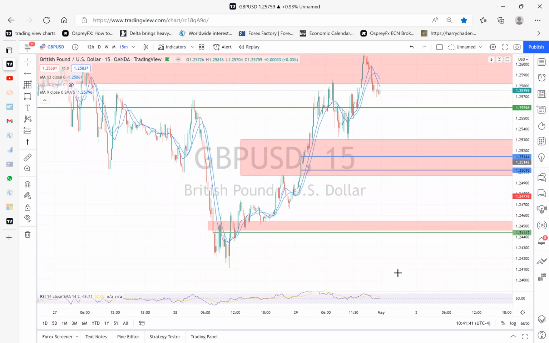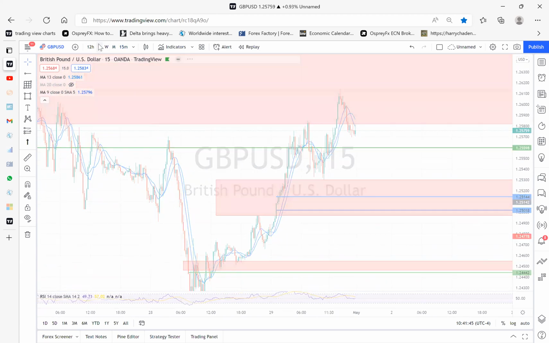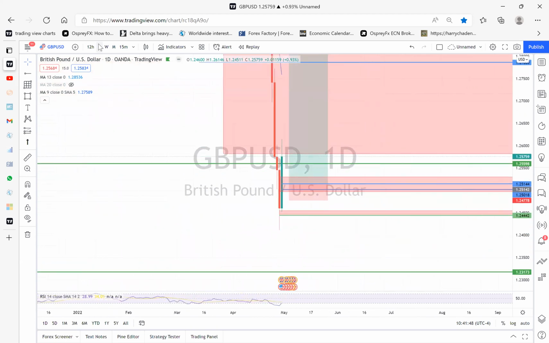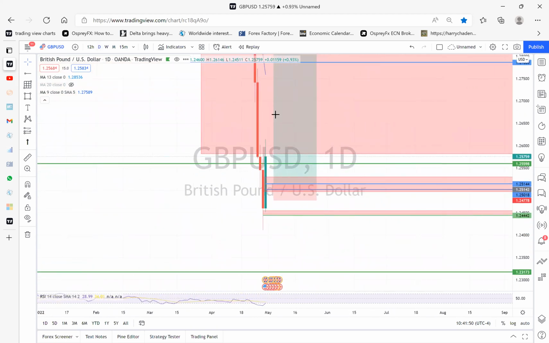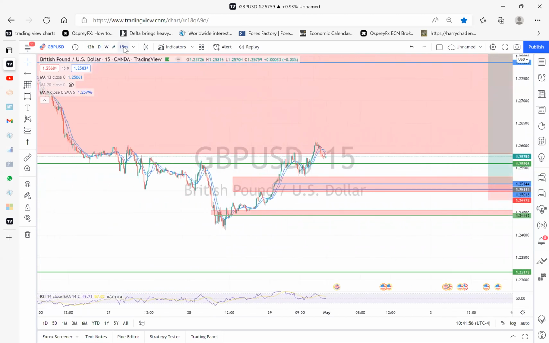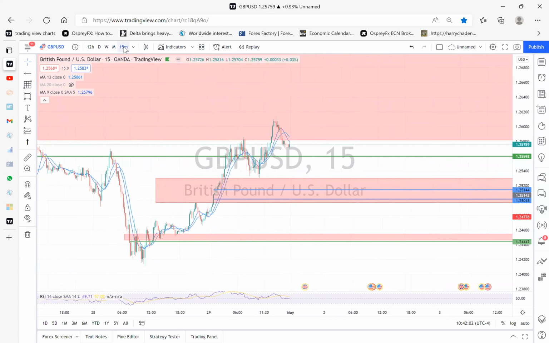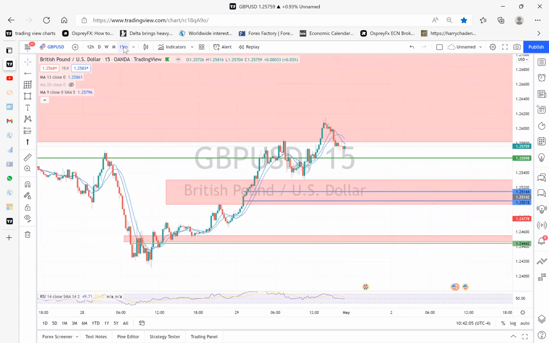On this GU chart, higher time frame, I got a daily order block. But let's drop down to the 15-minute. All right, let's say you're not a swing trader, or you just don't like watching higher time frame moves.